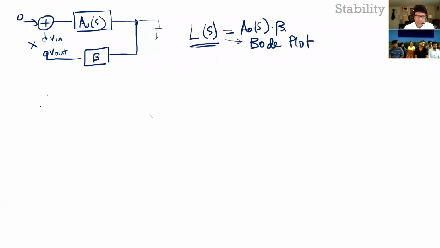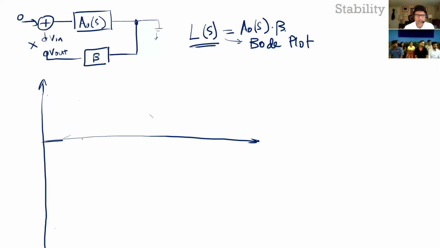So the stability criteria is, let's take the phase and gain. Let's say this is your gain plot, and as we said, we start with your loop gain. So this will be A naught times beta.